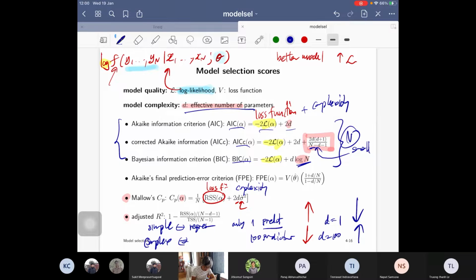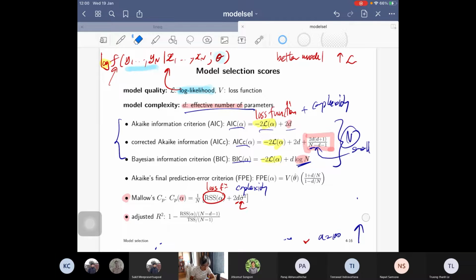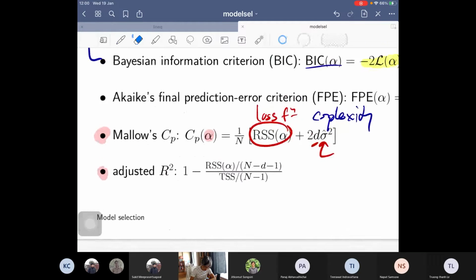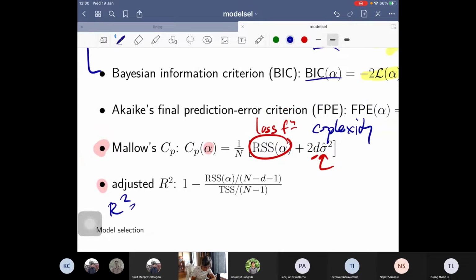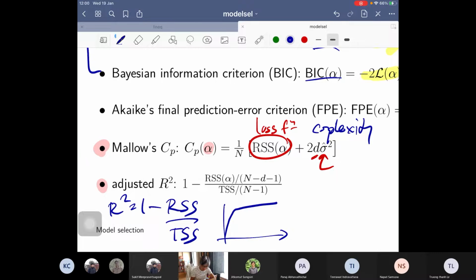Okay, adjusted R-square. Take a look at this formula. What is the conventional R-square? R-square is 1 minus RSS over TSS. And for R-square, as you vary the model complexity, as you add more predictors, you see that the R-square, this is the number of predictors, is always increasing.